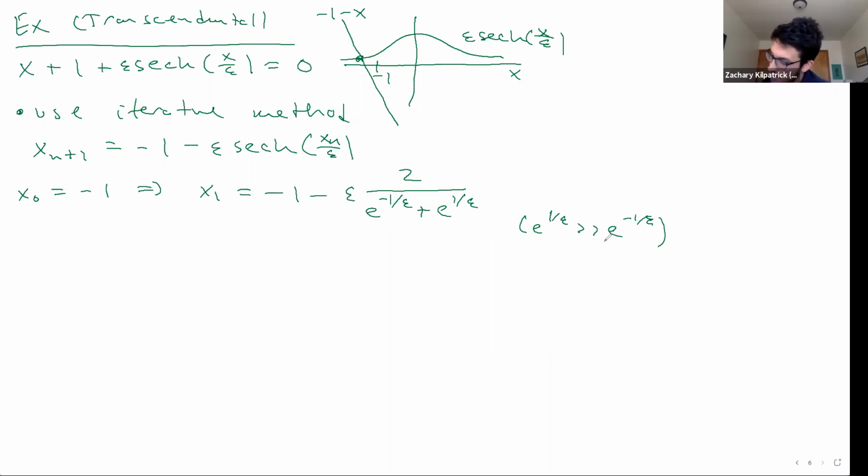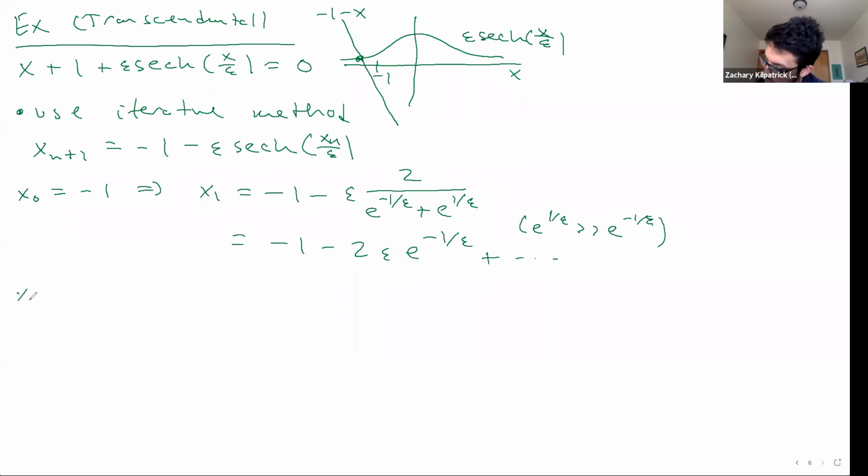So knowing this, I can say this is equal to -1 minus 2 epsilon, drop this term, and then I just get an e to the -1 over epsilon plus things that are smaller, okay? So this now becomes my next term in the series. It's transcendental, so this might have been a hard thing to guess, okay?